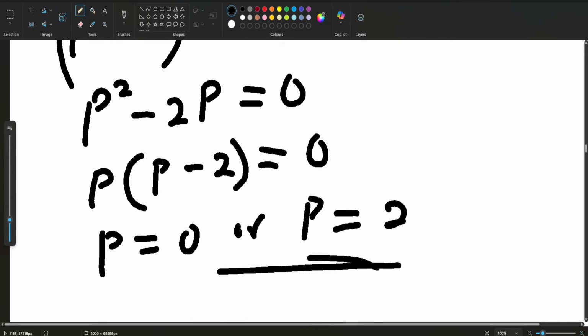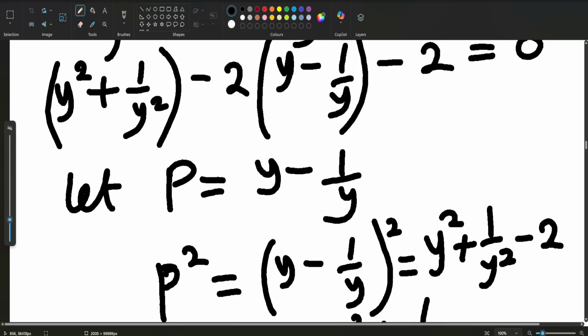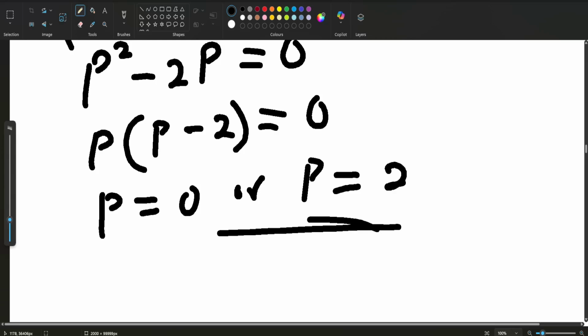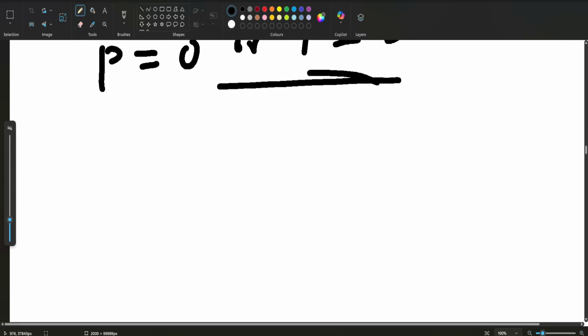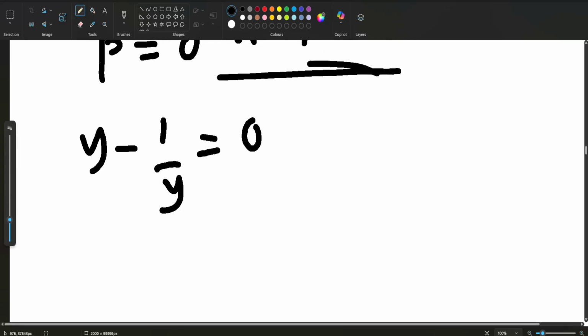So these two values now we will substitute back into this equation here. So this is going to be y minus 1 all over y equal to either 0 or equal to 2.